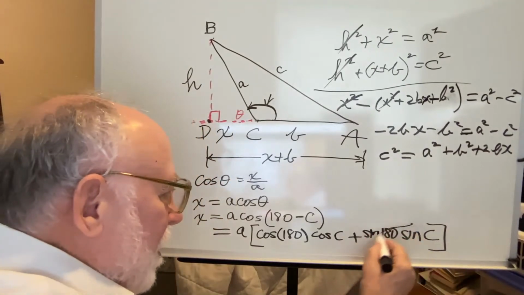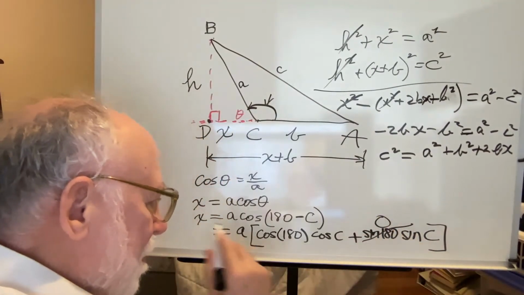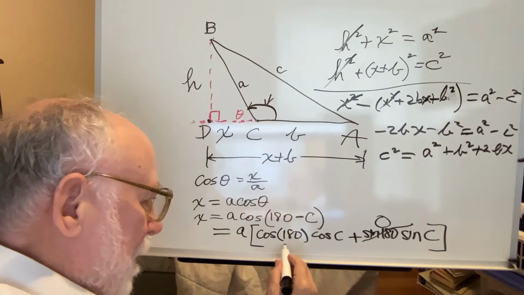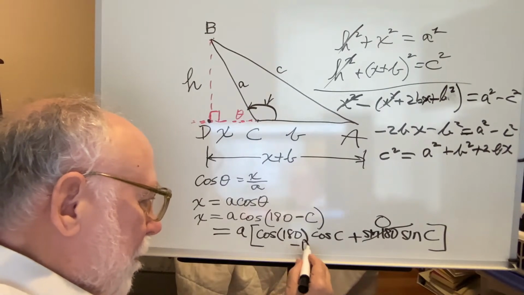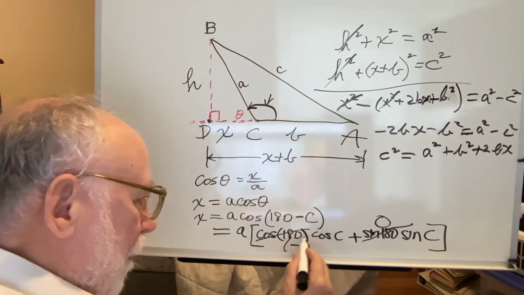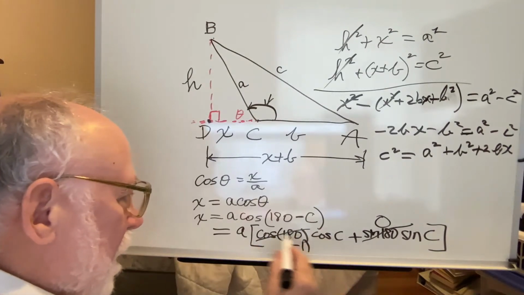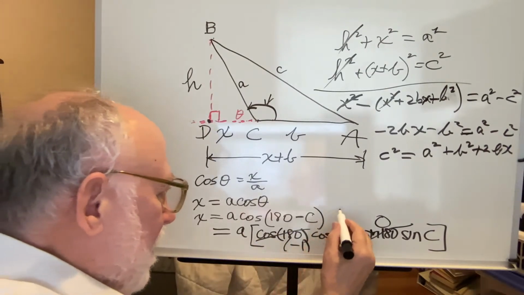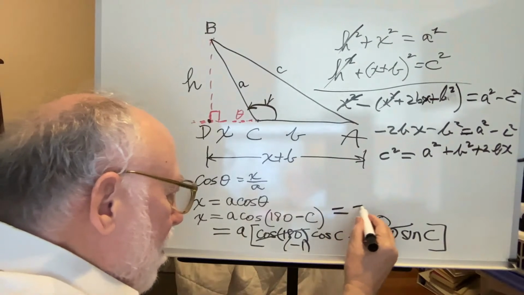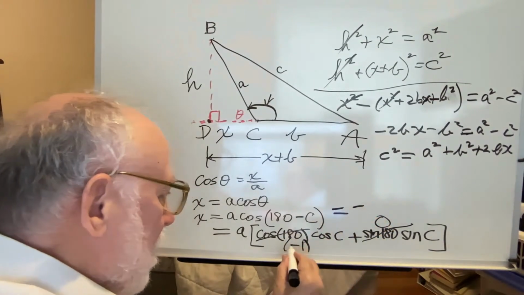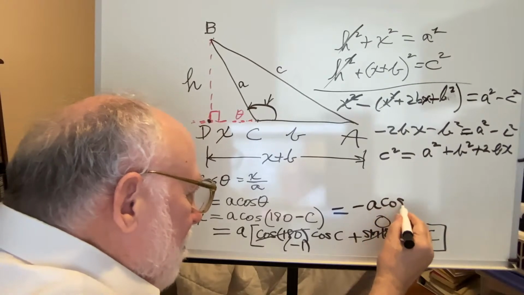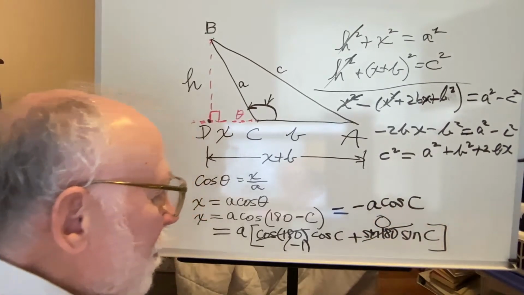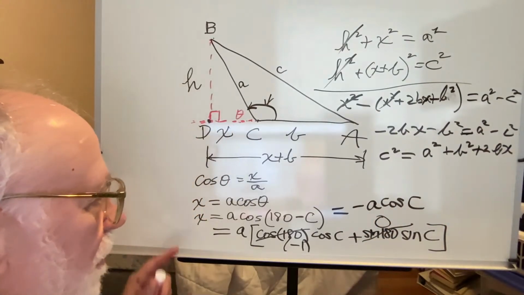But the sine of 180 is 0. The cosine of 180 is minus 1. So this is going to be minus 1 times a times the cosine of c, which is your x.